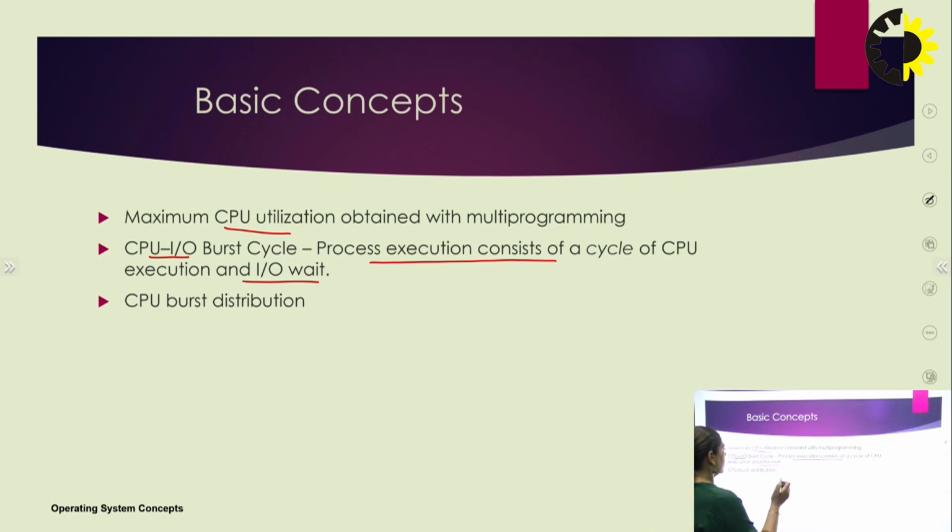When the process is using the CPU, we say it's the CPU cycle, and when it is waiting for the input output to be done, then it is the input output wait. Now our main concentration here is CPU burst distribution. It should be done in a way that all programs are run properly and every job is completed in time.